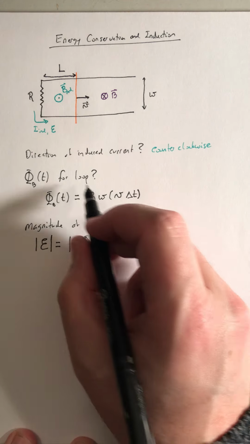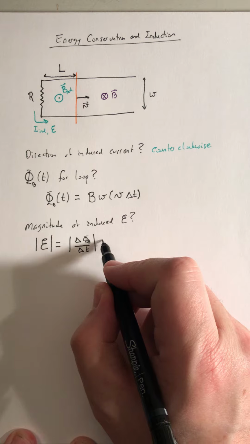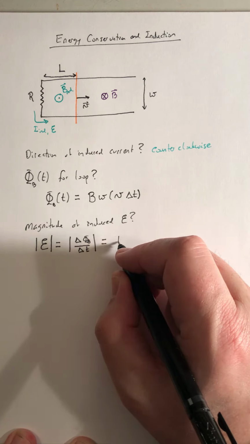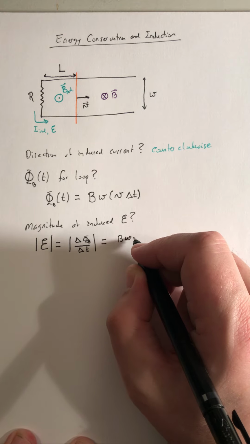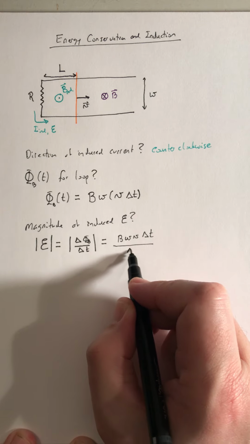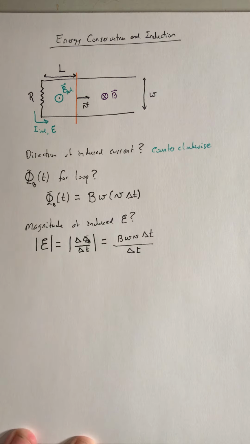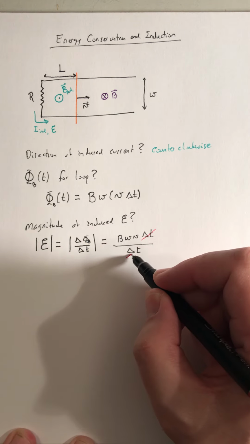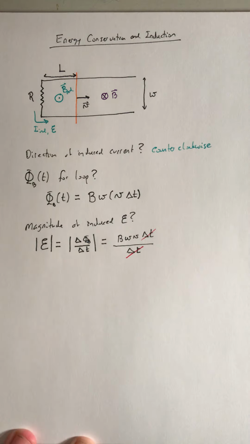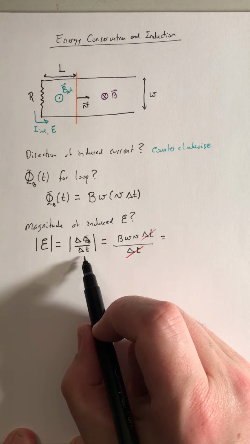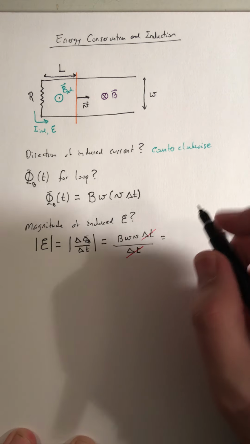All right, well, we have what the flux is. We just found it. And the delta t in the numerator cancels out the delta t in the denominator. So the rate of change of magnetic flux with time is going to give us the induced EMF.